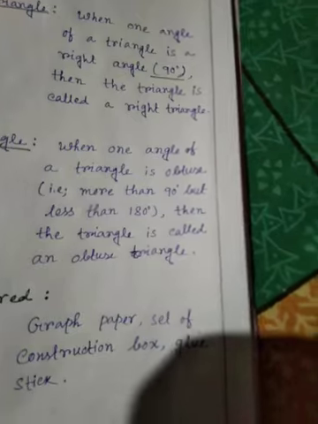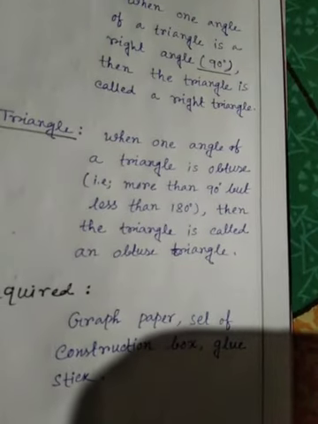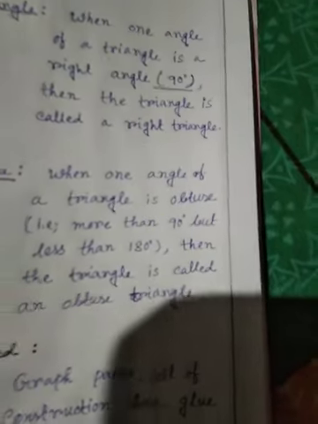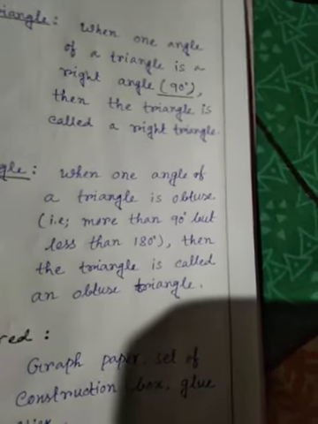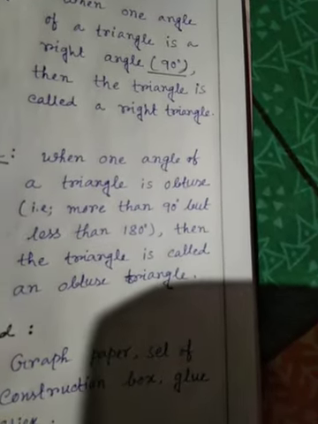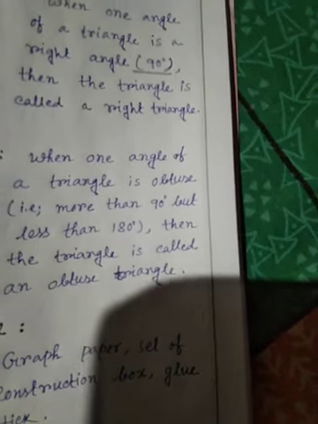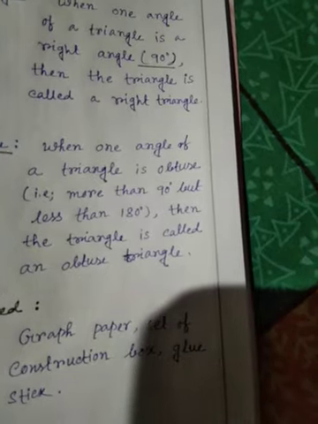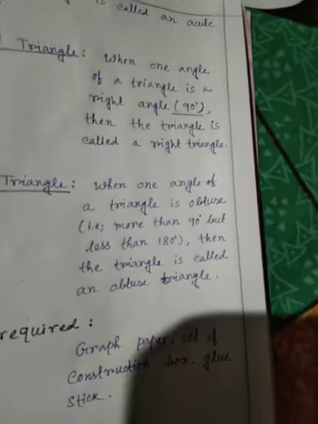But in case of an obtuse triangle, one angle will be more than 90 degree, so the remaining two must be less than 90 degree. Only one angle of the triangle is obtuse, more than 90 degree and less than 180. Then the triangle is called an obtuse triangle. So this is the knowledge we need before doing this activity.